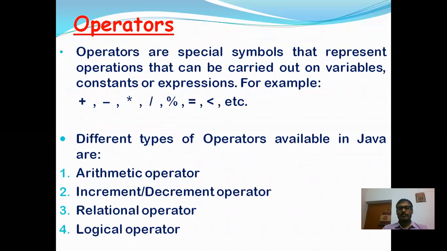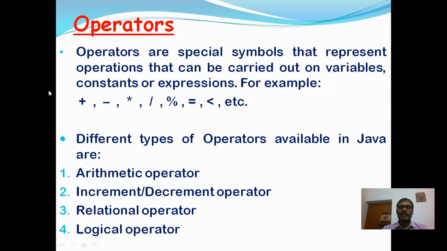So let us come to the topic operators. We will revise the operators once again. Operators are special symbols that represent operations that can be carried out on variables, constants, or expressions. These are special symbols which are used for calculations, for operations which should be carried out on variables, constants, or expressions.